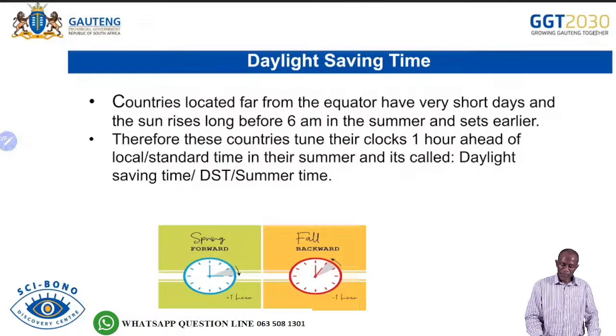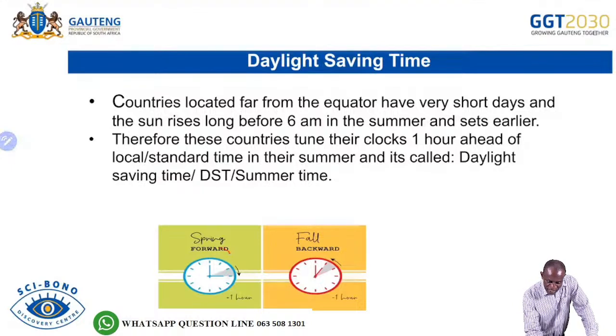So in the diagram below, the two watches indicate the adjustment of time ahead by 1 hour. So time here is adjusted forward.